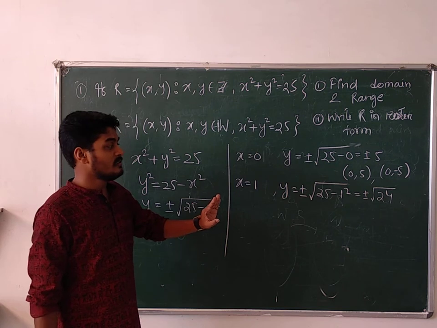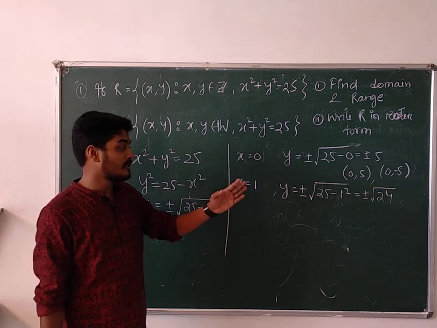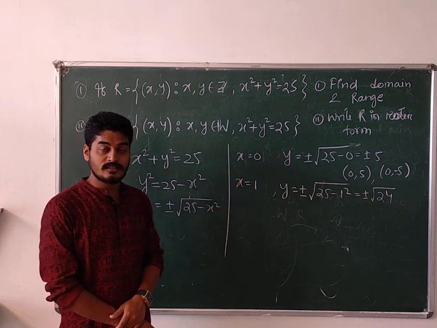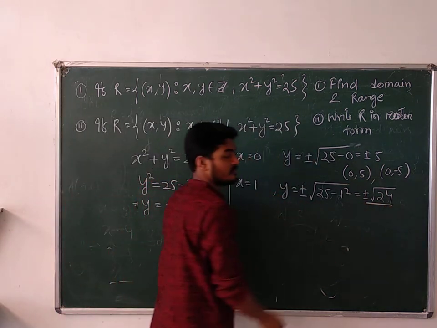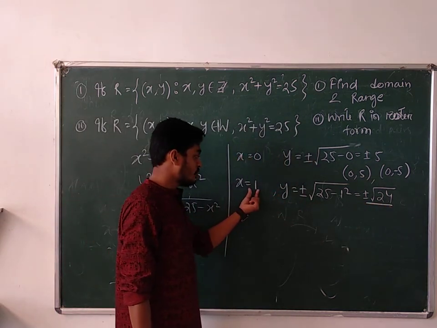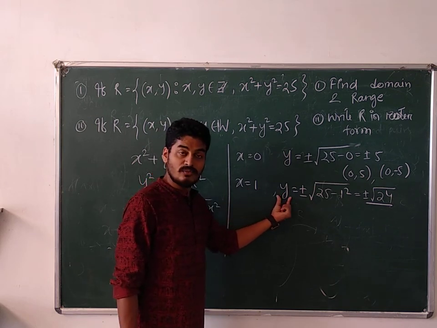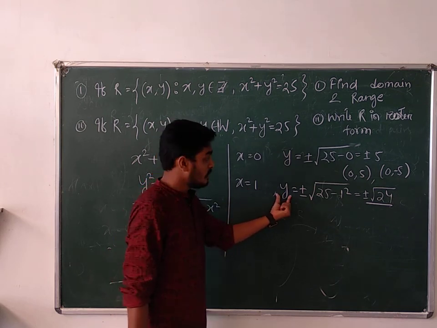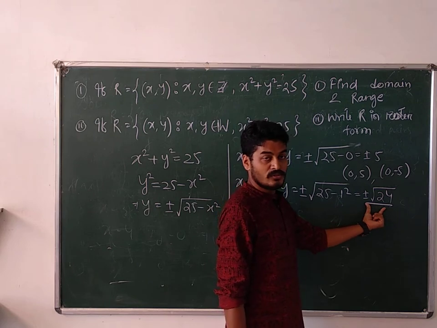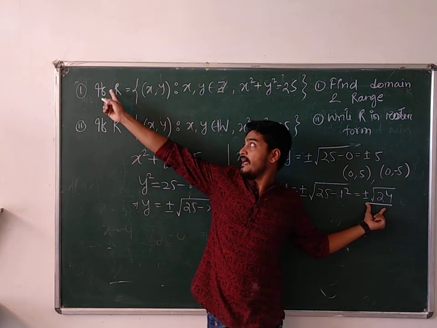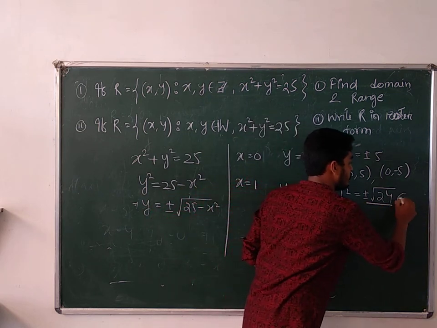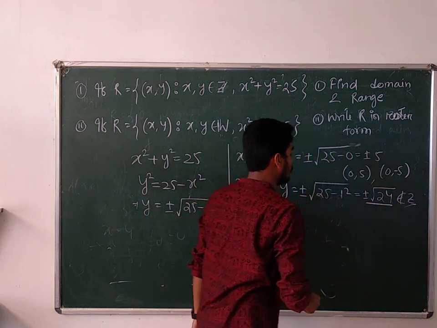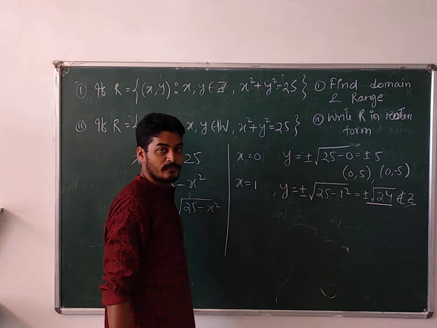In decimal form obviously we will get a value, but the exact square root is not there. So that's why it is not an integer. For x is equal to 1, we have got a value of y, no doubt. From the given condition of the first one, x and y should be integers, but we are not getting an integer. So that's why we will not consider x is equal to 1.